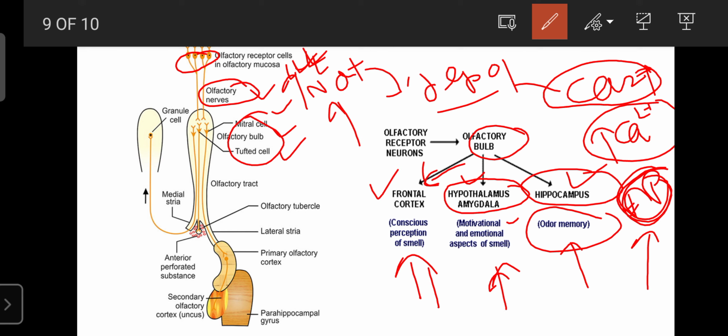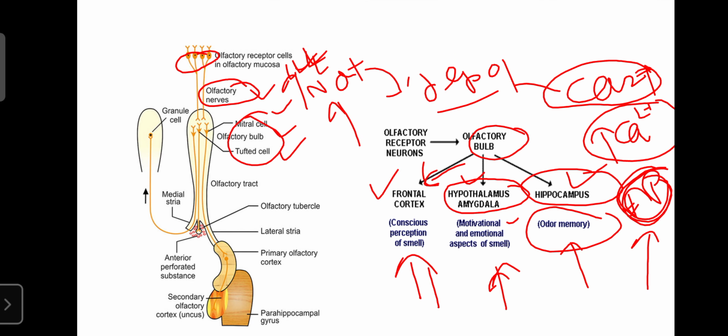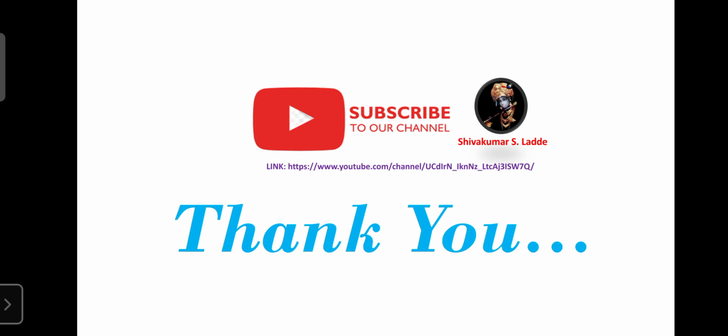It reaches the olfactory bulb, and from the olfactory bulb it is bifurcated and reaches the different smell centers present in the frontal cortex, hypothalamus, amygdala, as well as the hippocampus. Like that, smell is regulated in our body with the help of the special olfactory cells and the olfactory nerve.